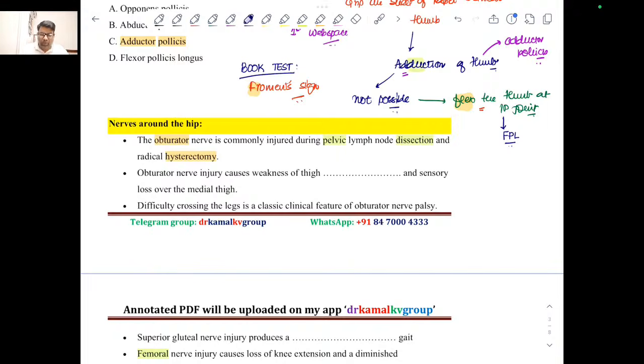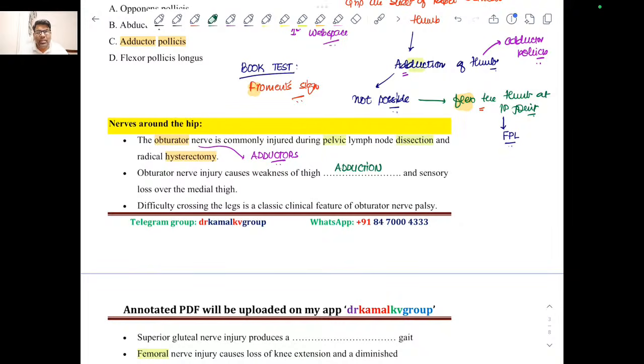Now obviously the muscles which are supplied by this nerve will get paralyzed. Obturator nerve as such, it supplies the adductors of thigh. Clear? It supplies adductors of the thigh, so there will be weakness of thigh adduction. Clear? There will be weakness of thigh adduction.